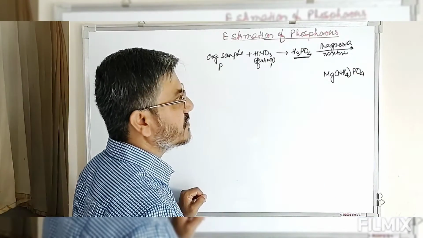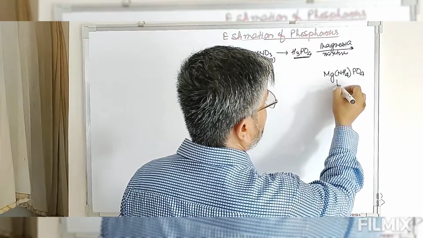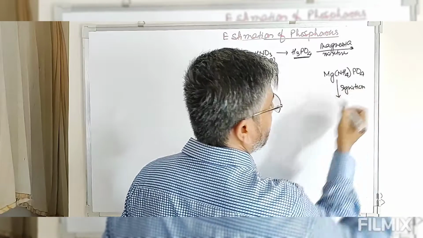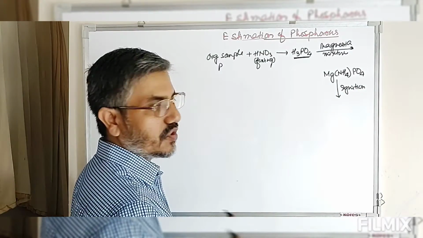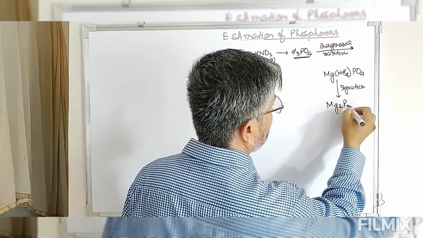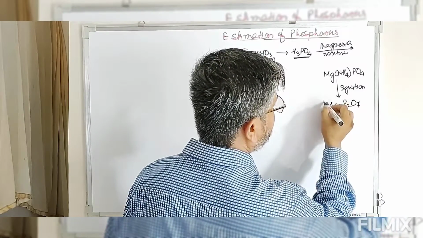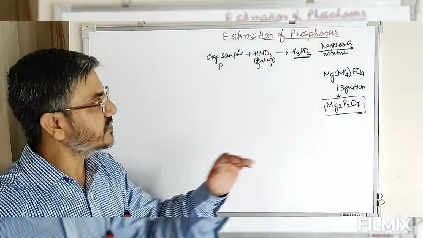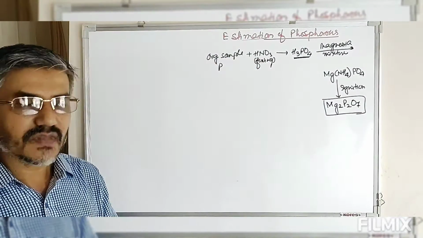Now this magnesium ammonium phosphate, on ignition, meaning heating at a very high temperature till a constant weight is obtained, gives you magnesium pyrophosphate, Mg2P2O7. Now we find the mass of this magnesium pyrophosphate, and from this we determine the percentage of phosphorus.